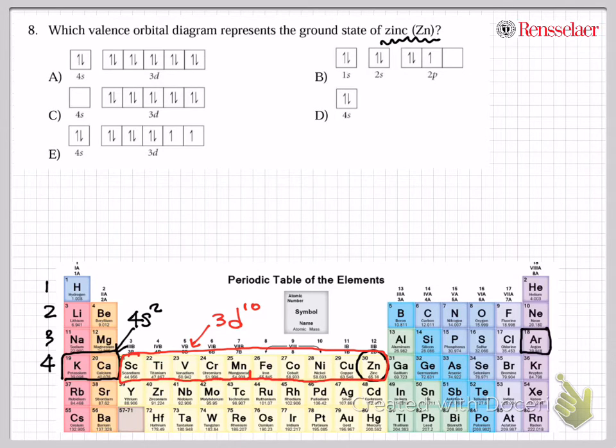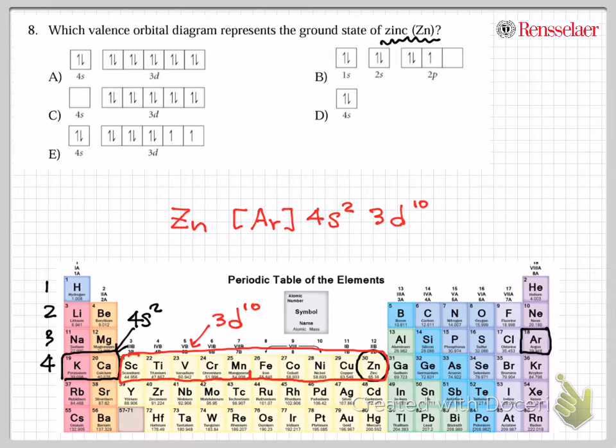So therefore, zinc has the same configuration as argon, and then 4s2, 3d10. And so which one do they have here now?